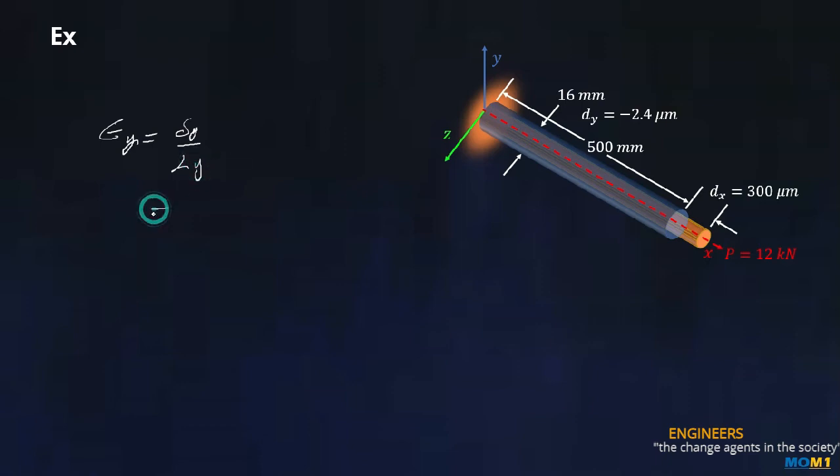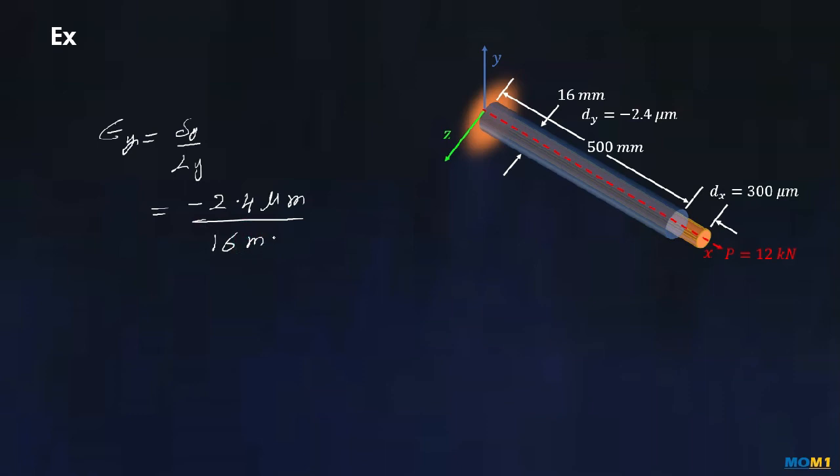So we have the value, since there is a contraction, it is 2.4 micrometer upon the diameter that is 16 millimeter. So solving this, we have the value of epsilon y that is 150 micron.